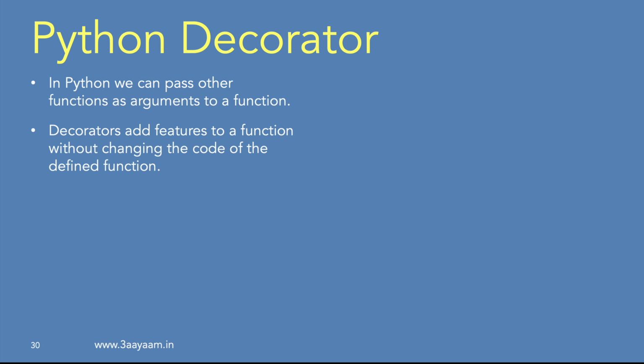So essentially, the purpose of decorators is to add features to an already existing function without changing the code of the defined function. So let's say you have a function and you do not want to touch the code at all, but you want to add more functionalities to the existing function. So what you can do, you can use a decorator to do that.